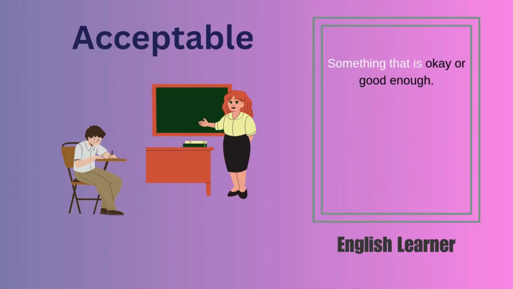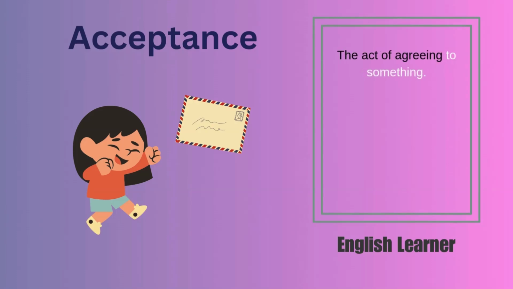Acceptable. Something that is okay or good enough. Example. The teacher said my homework was acceptable, but I could improve. Acceptance. The act of agreeing to something. Example. The letter of acceptance made her happy because she got into the school.